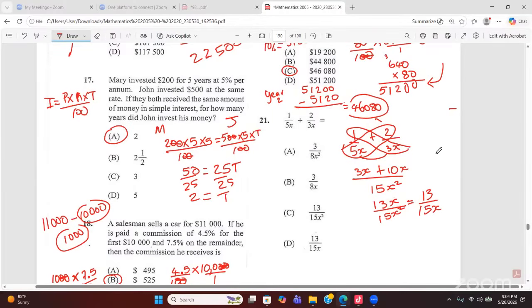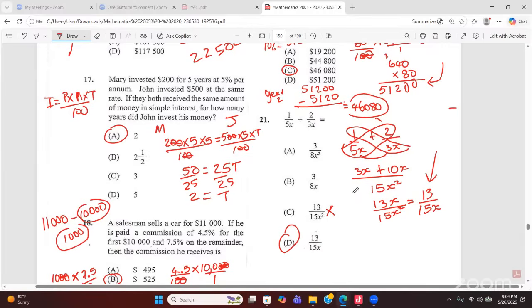But remember, this is the answer. Notice there's an x over x, and it goes down to 13 over 15x. It depends on how you approach it. If you do it the regular way, you won't get that at the end. But if you do the butterfly method, then when you break it down, you get your final answer properly.